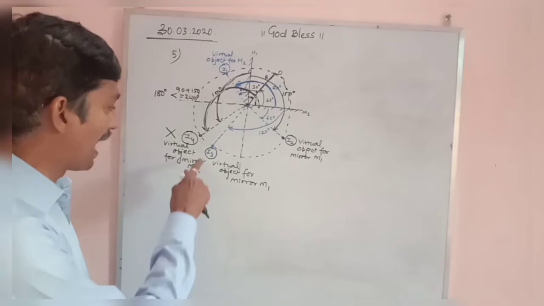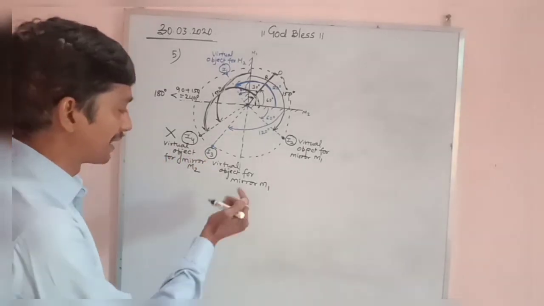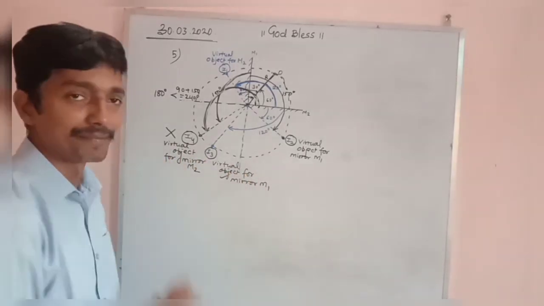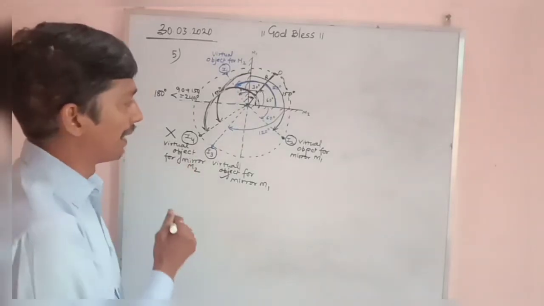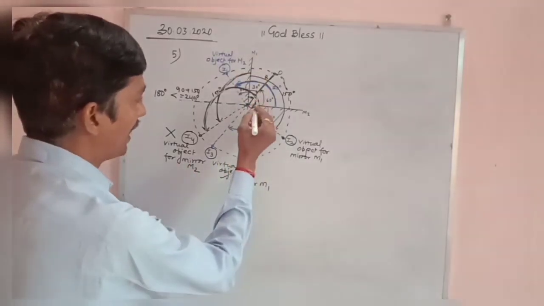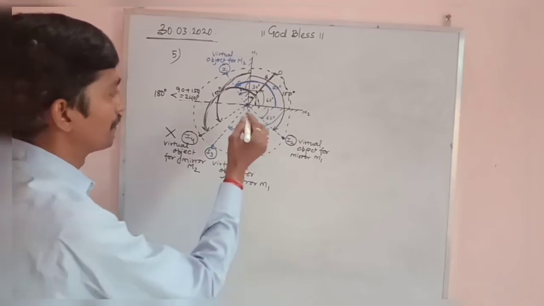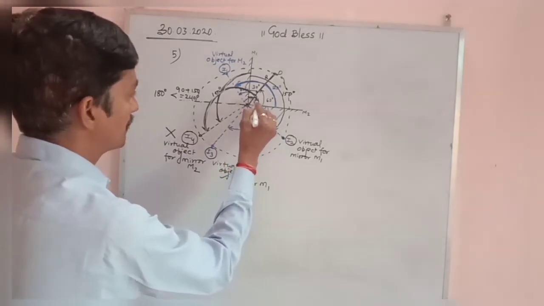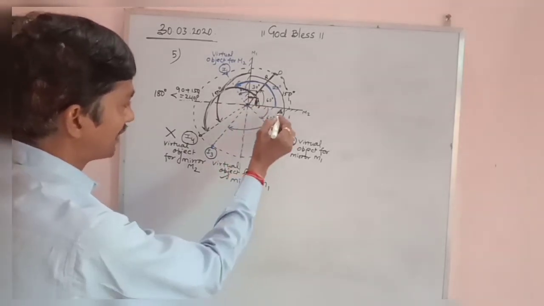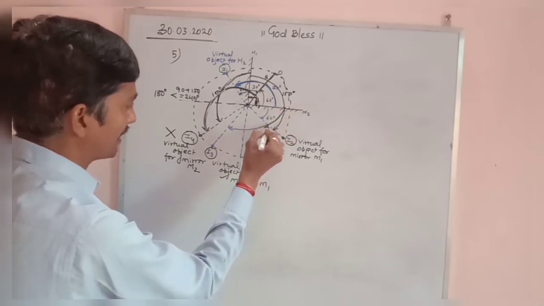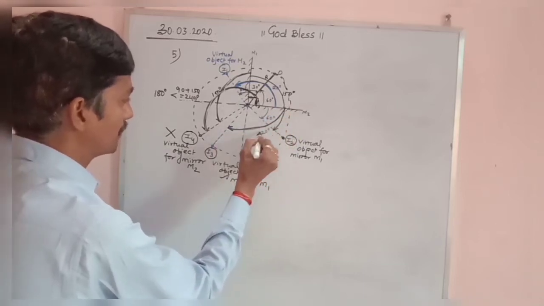Similarly, look at I3, whether it will make an image. This is the object for mirror M1. Now look at the angle of I3 from M1. Again here, this is 90 degrees, and this angle I have drawn here is 120 degrees.